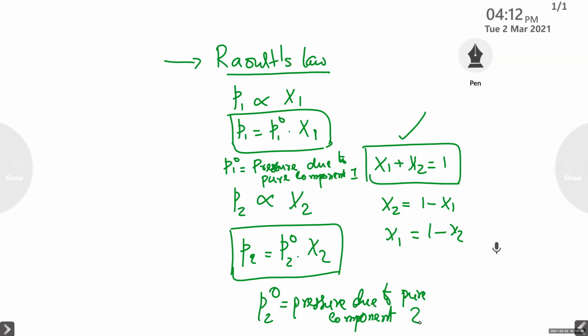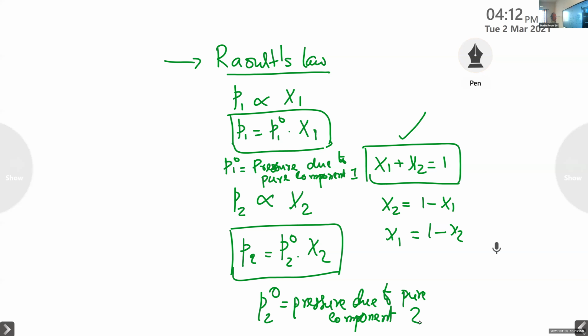So, P1 is equal to P10 into X1, where P10 is equal to the pressure due to pure component 1. Then P2 is equal to P20 into X2, where P20 is equal to the pressure due to pure component 2. So these two equations are derived from Raoult's law. Let me go back to Raoult's law.